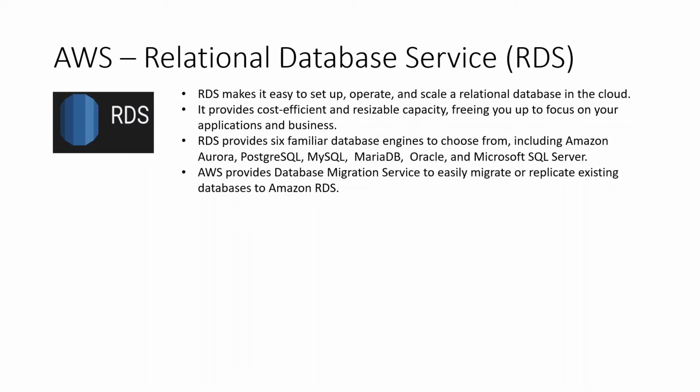It includes Amazon Aurora, PostgreSQL, MySQL, MariaDB, Oracle, and Microsoft SQL Server. AWS provides Database Migration Service also to easily migrate or replace existing databases to Amazon RDS. Meaning, let's say you have an on-prem database running right now. If you want to migrate that to Amazon RDS, then AWS provides a migration service to do that.